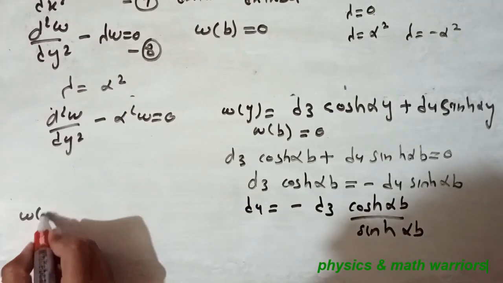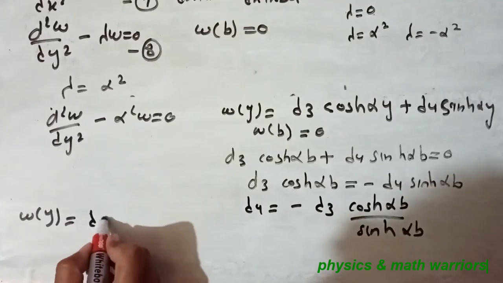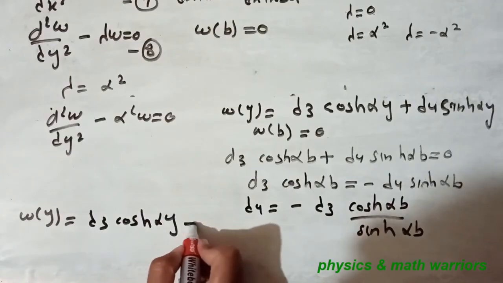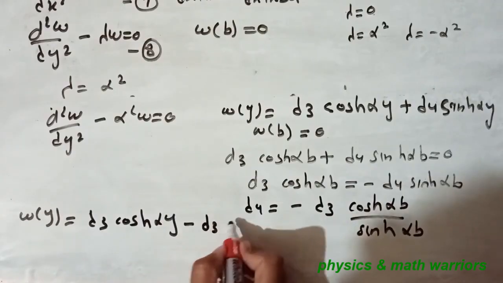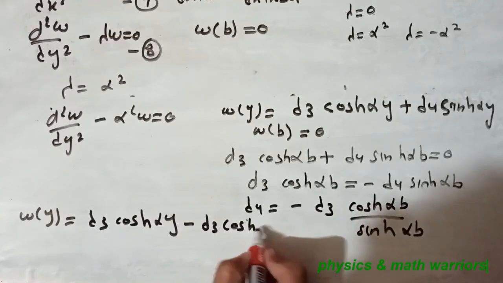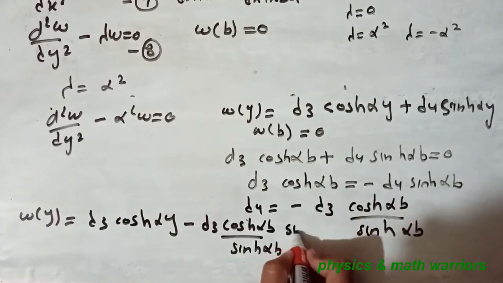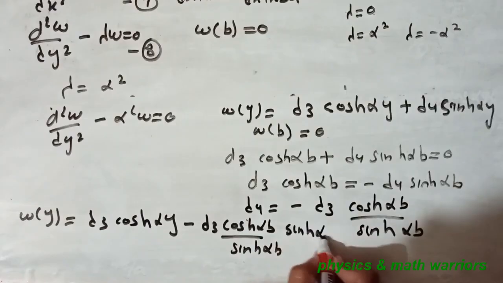So omega of y is equal to d3 cos hyperbolic alpha y minus d3 cos hyperbolic alpha b over sine hyperbolic alpha b multiplied by sine hyperbolic alpha y.